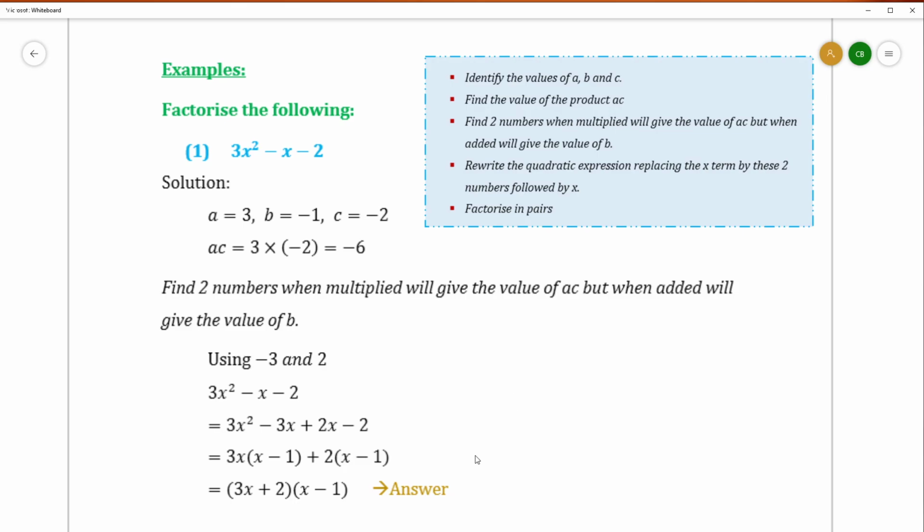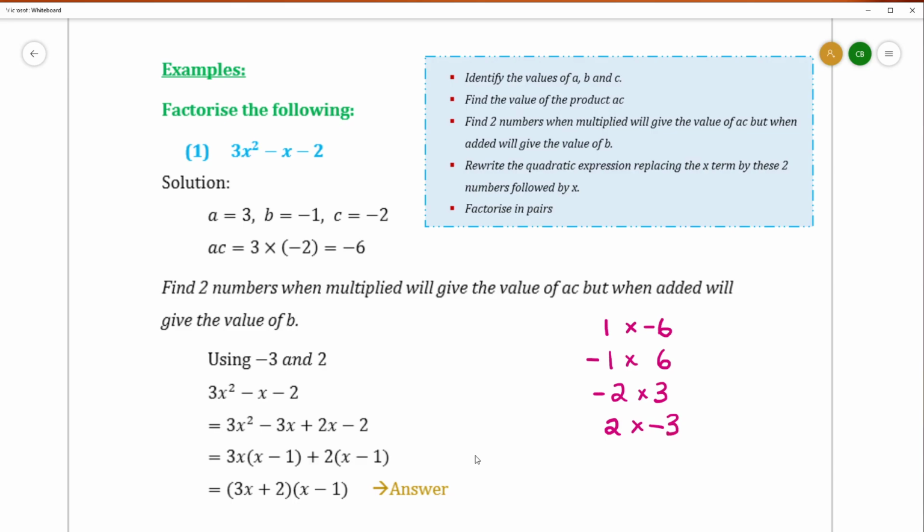So we have 1 and negative 6, or minus 1 and positive 6. Also, minus 2 by 3 will also give us minus 6. Similarly, 2 multiplied by minus 3 would also give us minus 6.